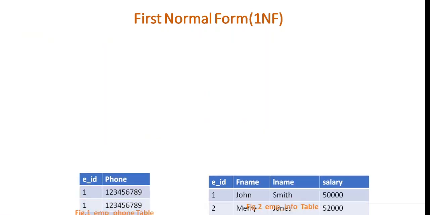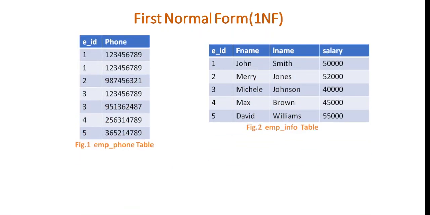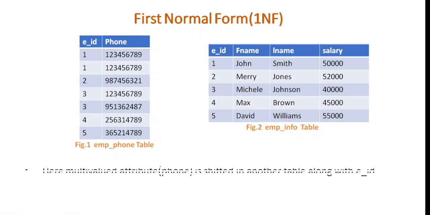Now let's see the other way of conversion. Here we can simply create two different tables. The first table consists of simple attributes, or attributes which have atomic values, and the second table consists of the multi-valued attribute. So here we have shifted the phone number attribute, which is a multi-valued attribute, into another table along with the primary key, that is the employee ID.